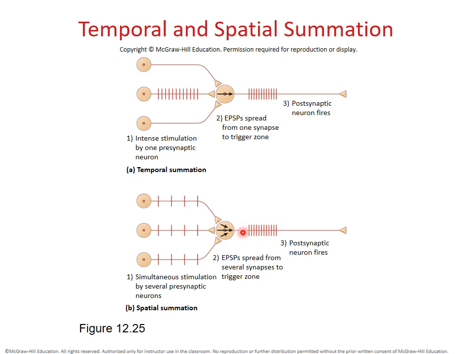And again, we see a high frequency of action potentials. So these are the two ways that we can integrate signals, combine signals, process signals to create postsynaptic potentials from presynaptic neurons.